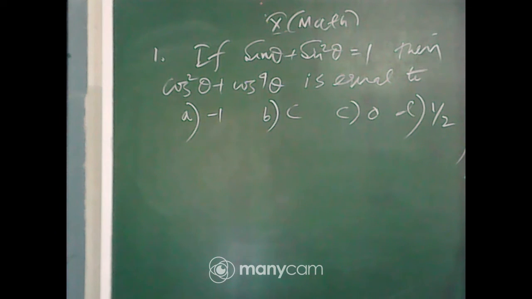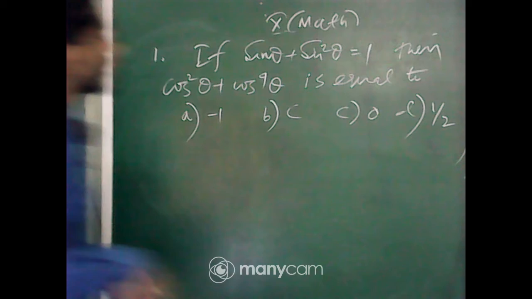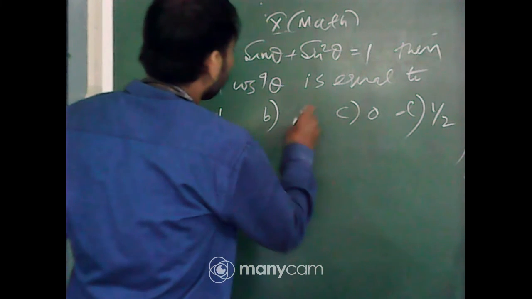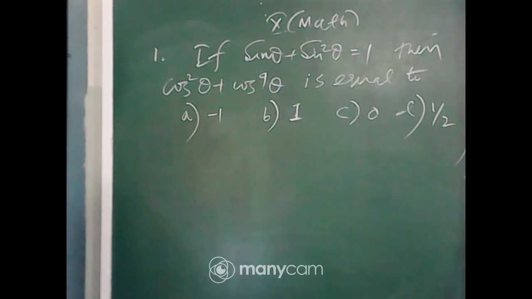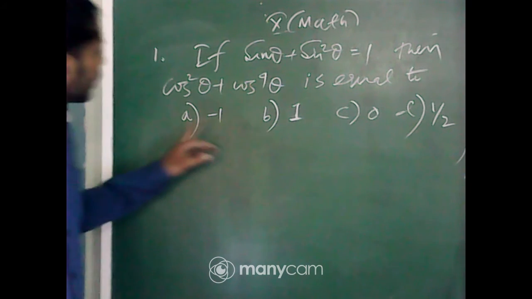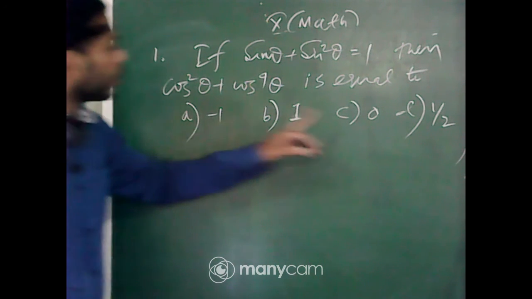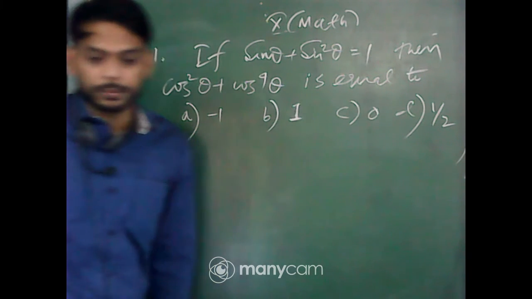Yes, type it. My answer is coming 1. 1 means option B. Just type the option also. Sorry, it is written wrong here. Option A is -1, option B is 1, option C is 0, option D is 1/2.